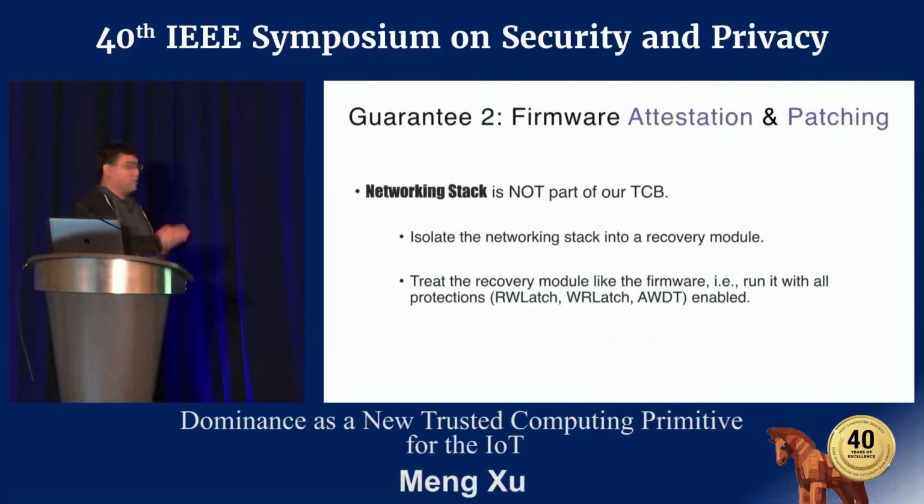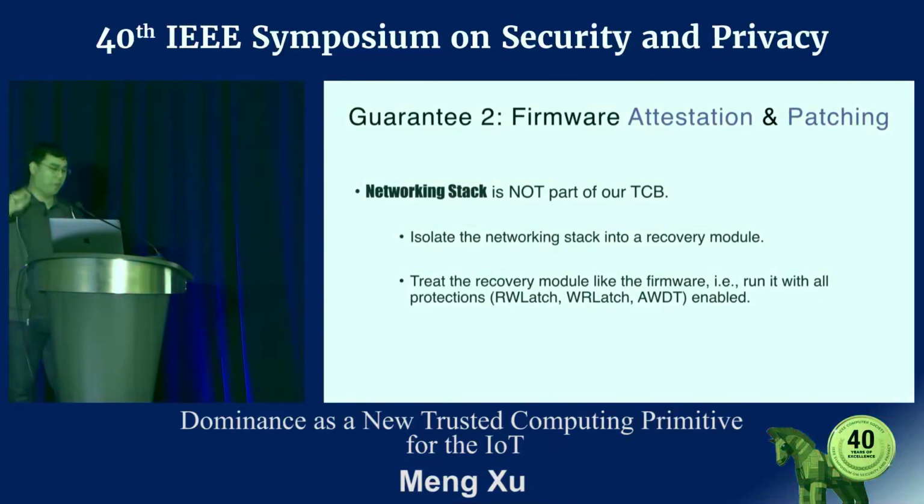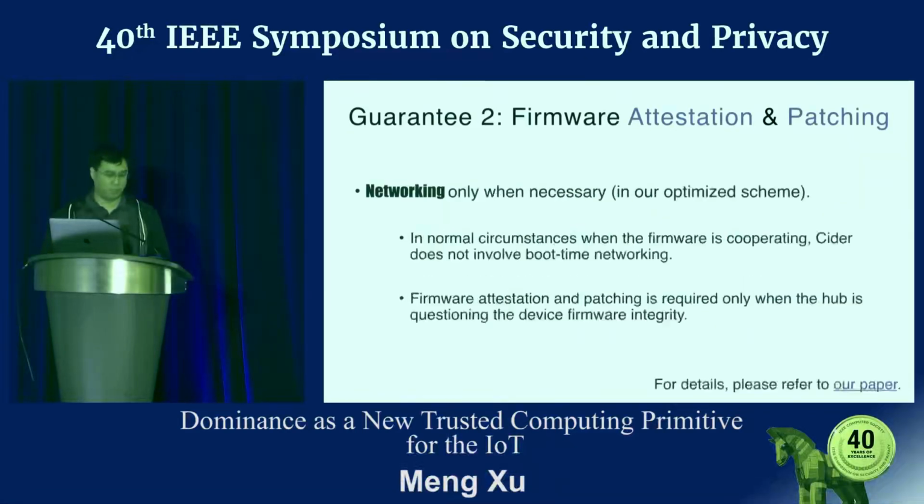We basically isolate the whole networking stack into a recovery module, and we treat the recovery module as a firmware. So before we actually boot into the recovery, say if you want to talk to the hub and download patches, we treat it as a firmware. We apply all the latches and the watchdog timer, which I'll explain later, and then you do that. So even if you compromise the networking stack, it's just like you compromise firmware. There's no further damage to us.